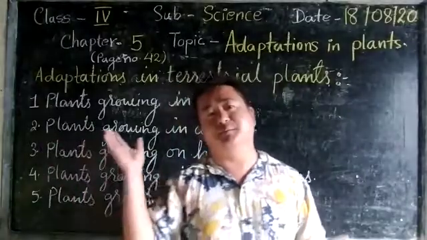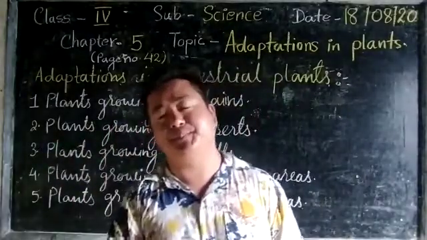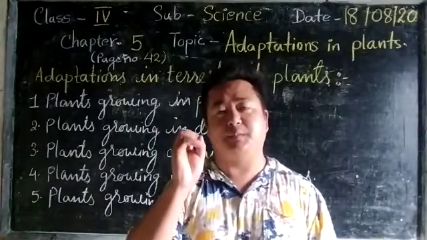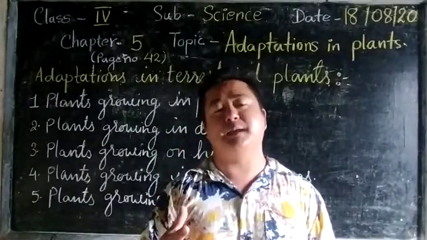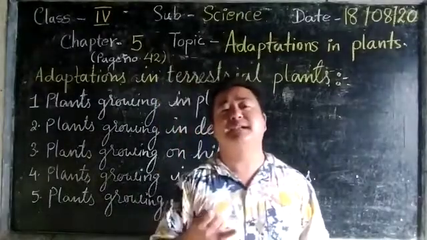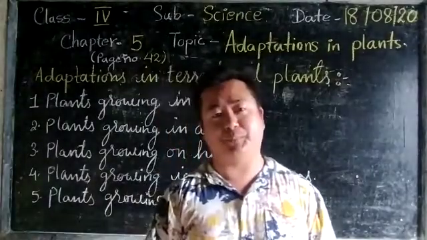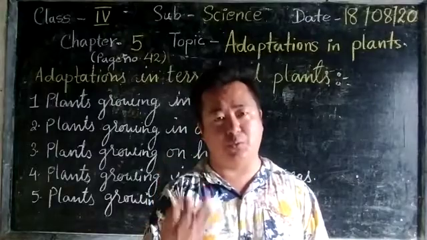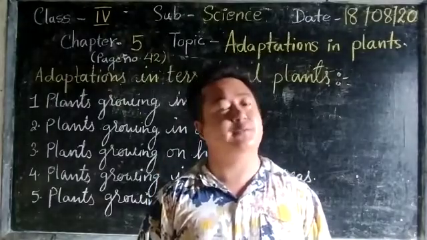The first and foremost characteristic is that the plant has modified its leaves in the form of needles or thorns, in order to prevent loss of water.